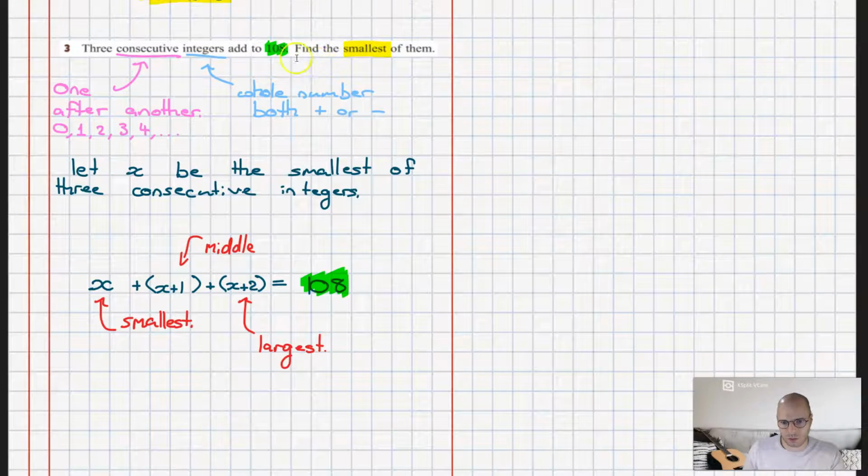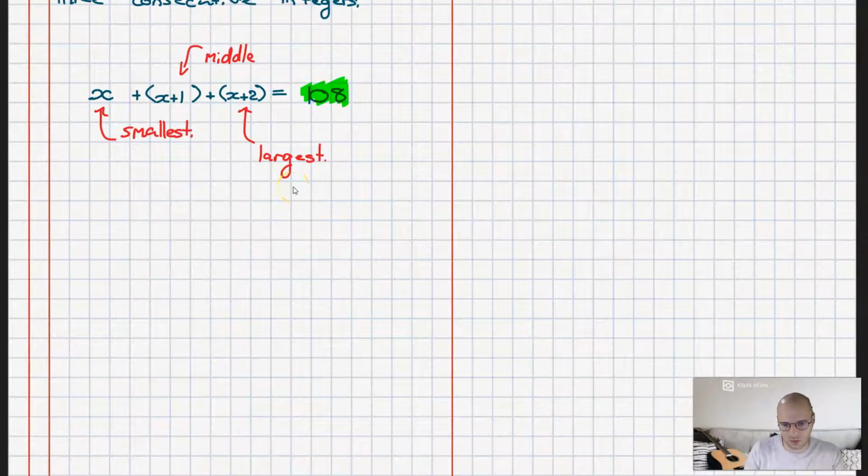What we want to do is solve for x, and that will yield the smallest of the 3 unknowns. So solving the equation, we need to break open these brackets. So we'll go x plus x plus 1 plus x plus 2, and that's still all equal to 108.